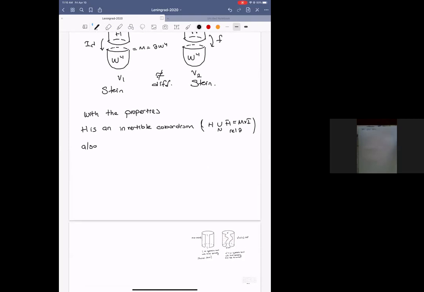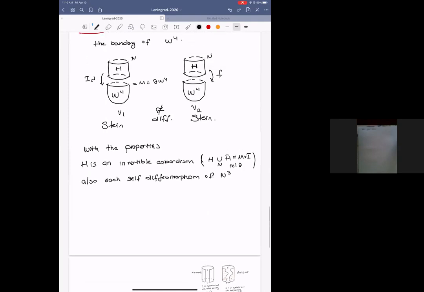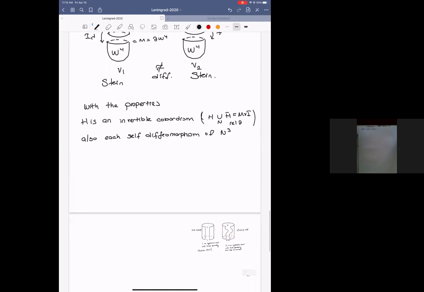And also, the top manifold, top three manifold, of H: every self-diffeomorphism of this top three manifold, top piece of this cobordism, extends over H. And this extension has a nice property.